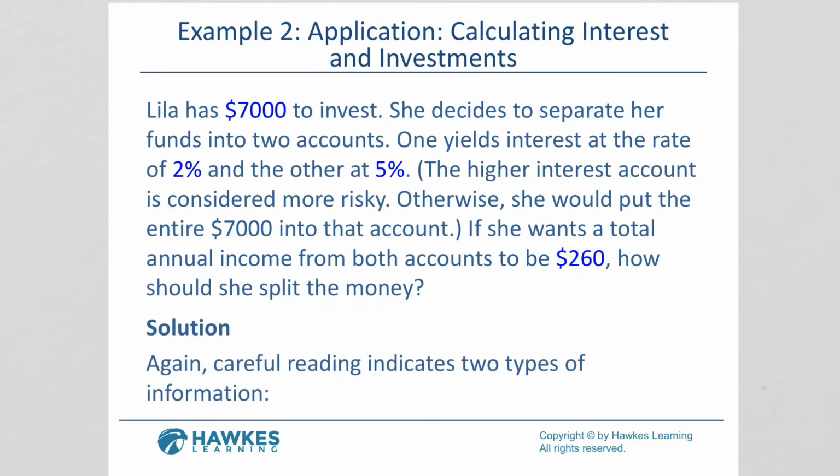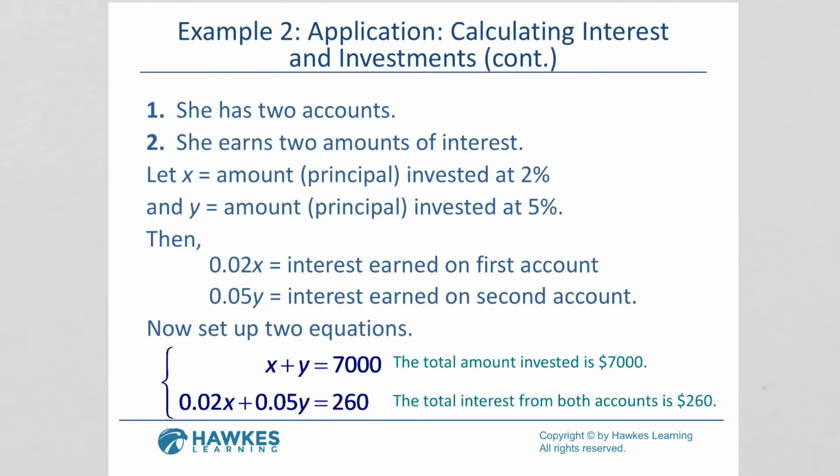Again, if we carefully read the problem, we have two types of information. One, she has two accounts. Two, she earns two amounts of interest. We're going to let x equal the amount, principal, invested at 2% and y equal the amount, principal, invested at 5%.